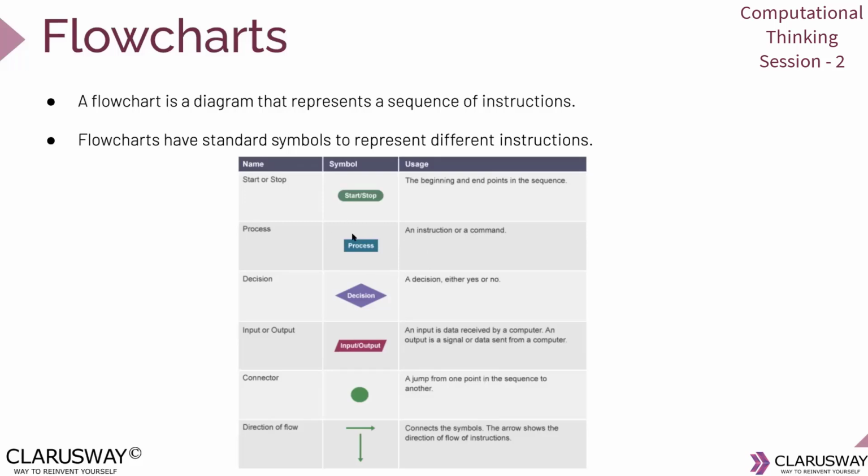Then you have a process. So this is an instruction or a command. What could this be? For example, a mathematical operation, okay? Or this could be, I don't know, creating a new variable, creating a new list, or changing the value of a variable to another variable. So assignment, that we call, right? This could be any kind of operation that you do.